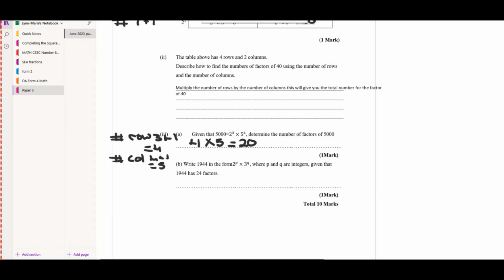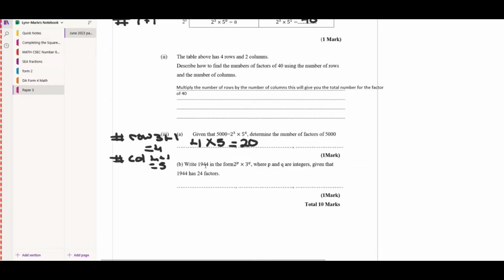Now, they said write 1,944 in the form of 2 to the power of p multiplied by 3 to the power of q, where p and q are integers, given that this has 24 factors. Okay, they told you how many factors there are. It's 24 factors. So what are the multiples of 24? 1 and 24, then 2 and 12, then 3 and 8, and then let's just put 6 and 4.